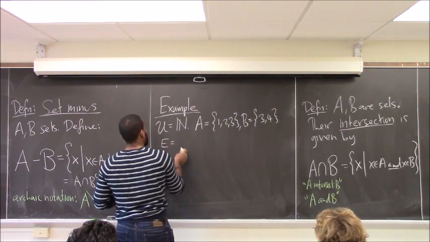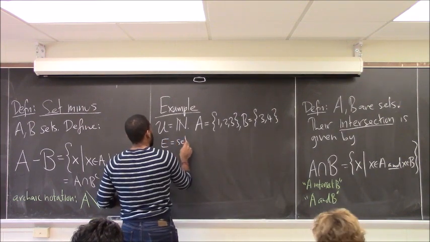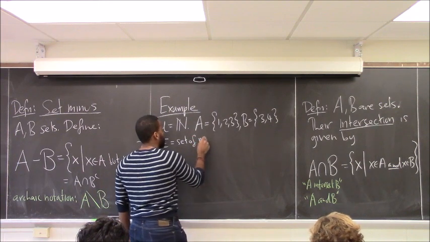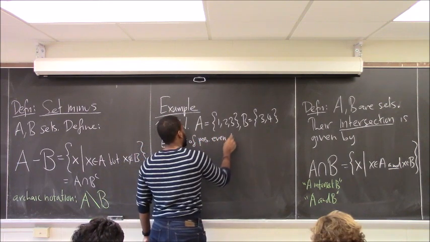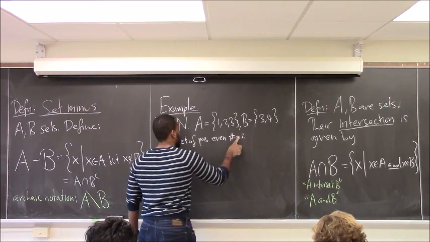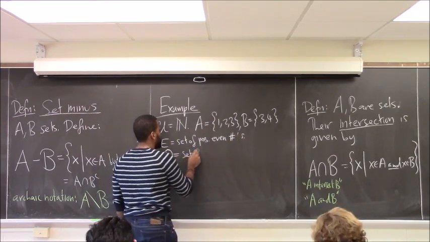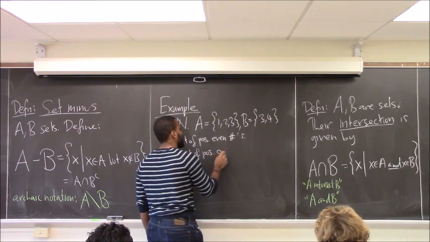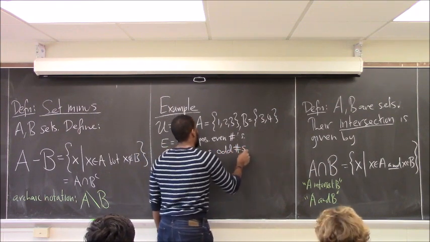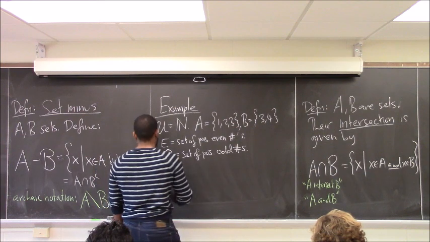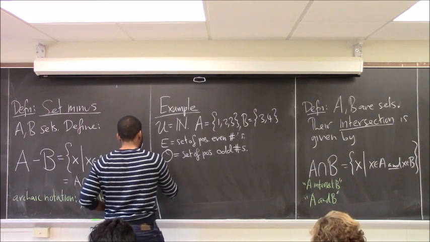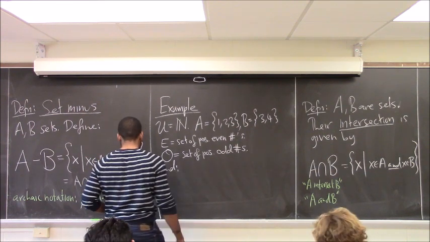Suppose E is the set of positive even numbers. Suppose O is the set of positive odd numbers. Then I wanted to find the following sets.